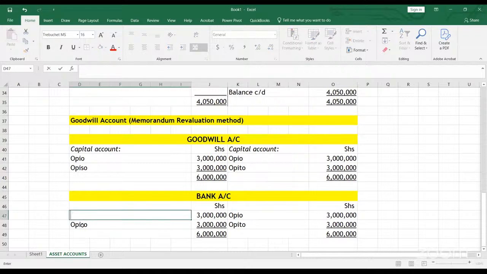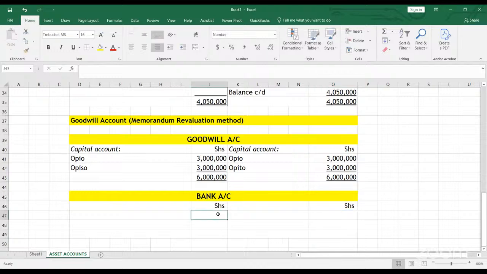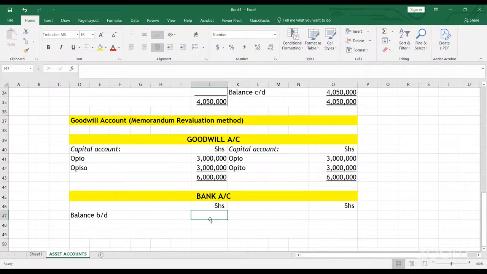The balance brought down for bank in the trial balance, 35 million.